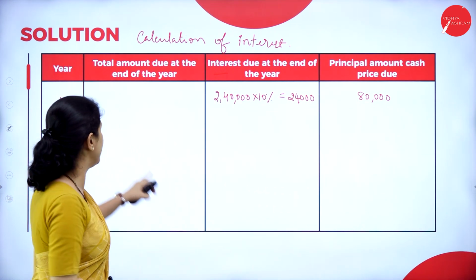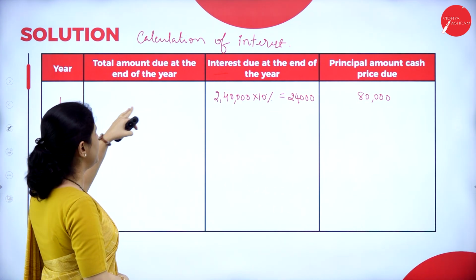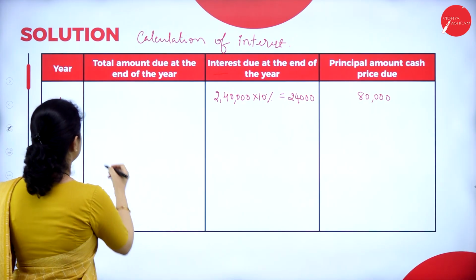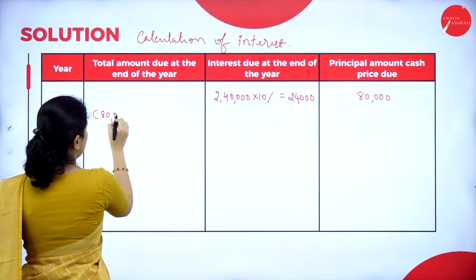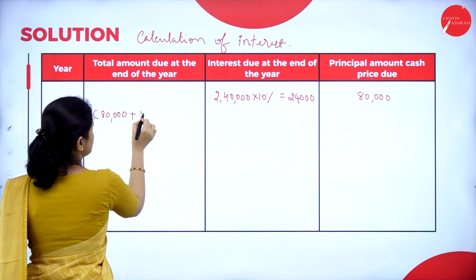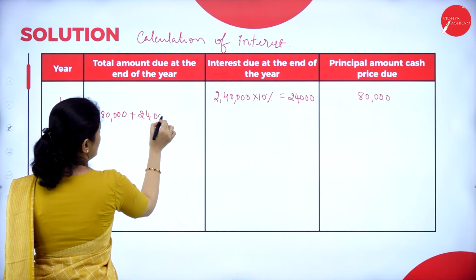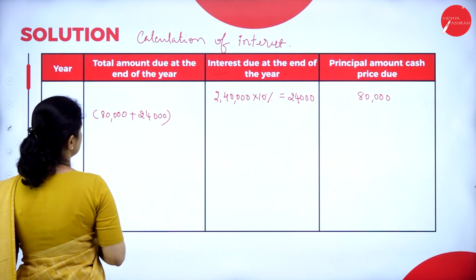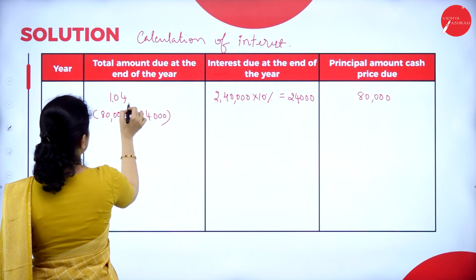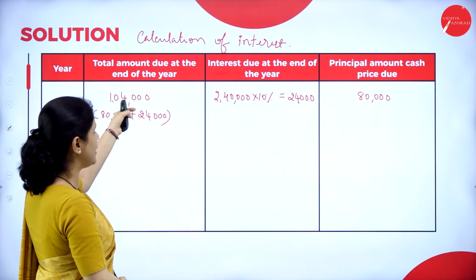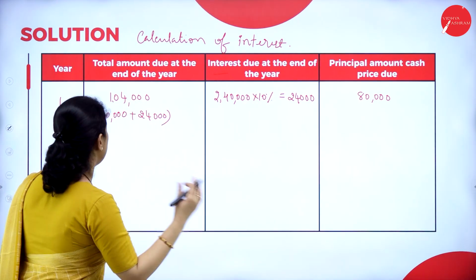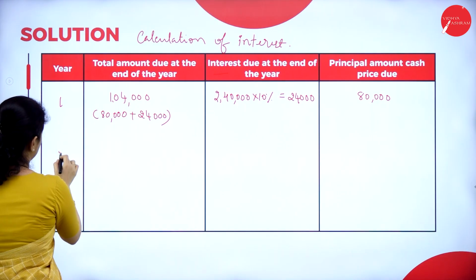We have to calculate the total amount due at the end of the year. So how to calculate it? It is 80,000 plus the interest, that is 24,000. Total is 1,04,000. So this is the total amount due at the end of the first year.